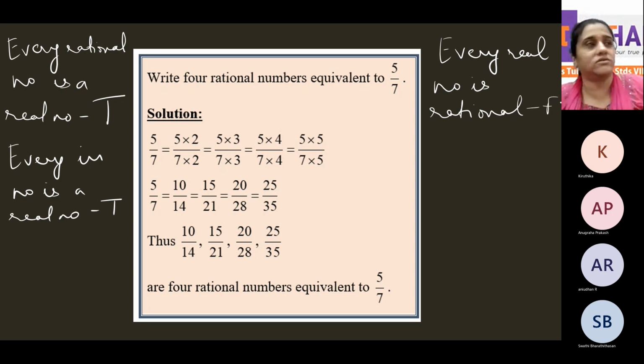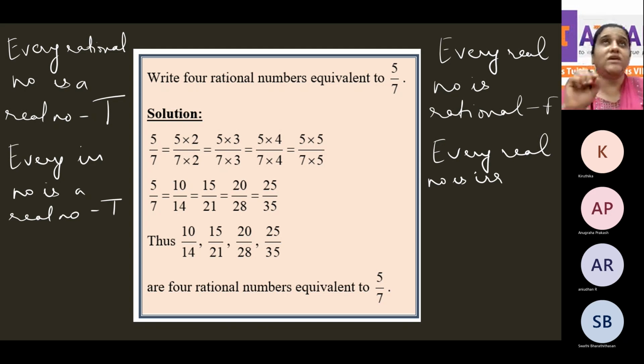So this is false. Similarly, every real number is irrational. That means you're saying if you pick any real number, it is irrational only. Then what about the rational numbers? Because real numbers is the collection of both. Correct? So you should not get confused, children.